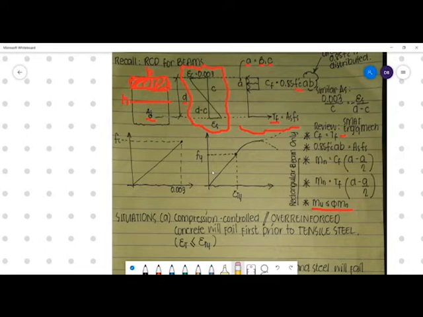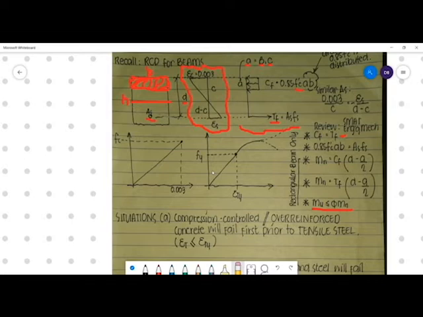So this is not a good design. Over-reinforced designs are not good kasi we won't have any warning kapag sumosobra na yung load natin. So bigla na lang magfe-fail yung concrete structure natin, or in this case yung beam natin pag sumobra yung load, without any indicator of impending failure.